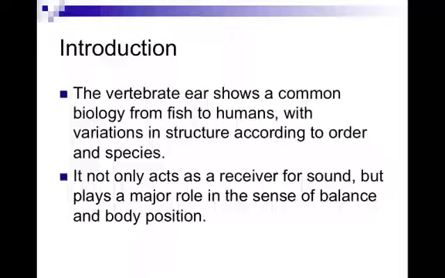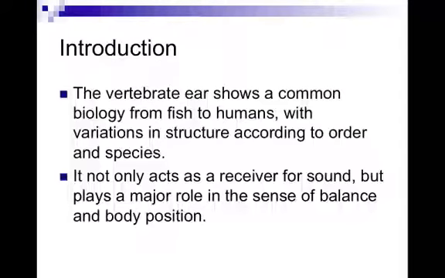For instance, the fishes and the amphibians that live in water lack many of the structures that we call a middle ear. While in mammals, there is similarity in the external ear, the middle ear, and the inner ear structures.